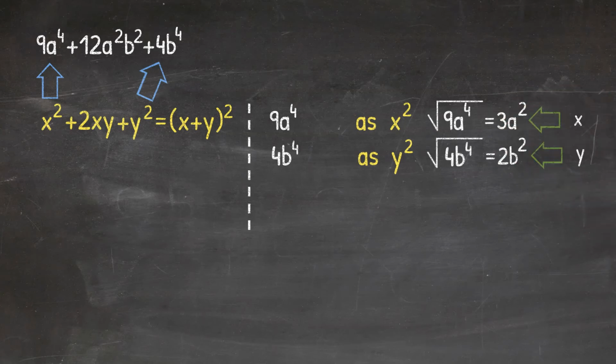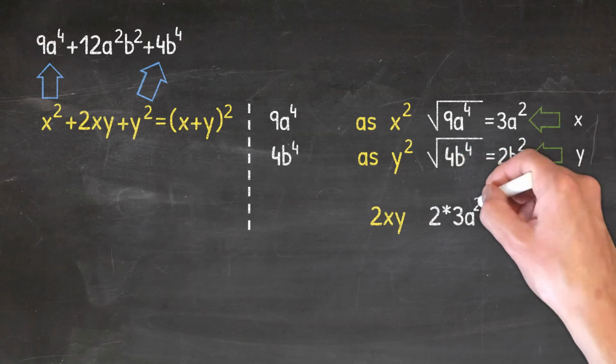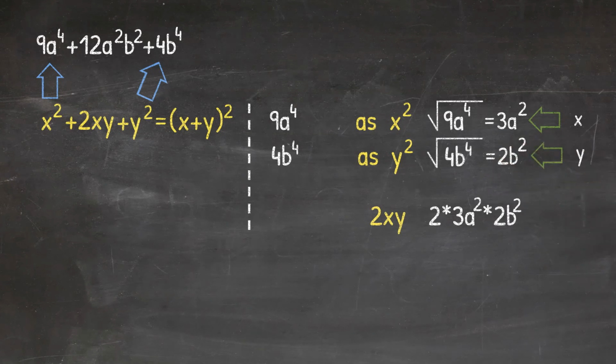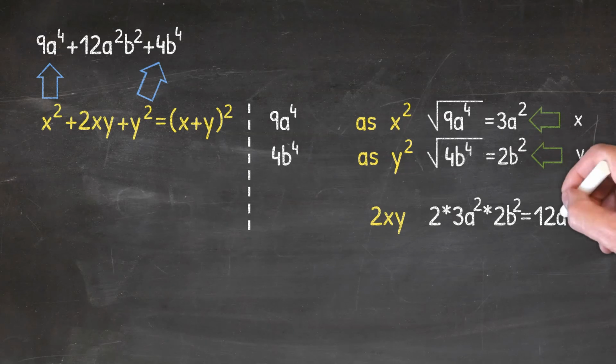This way, we have derived that 2xy is represented by 2 times 3a squared times 2b squared. If we perform this operation, we get 12, which is the multiplication of 2 times 3 times 2, a squared b squared. And this is exactly the middle part of the expression we're given. With this information, we can finish solving our problem.